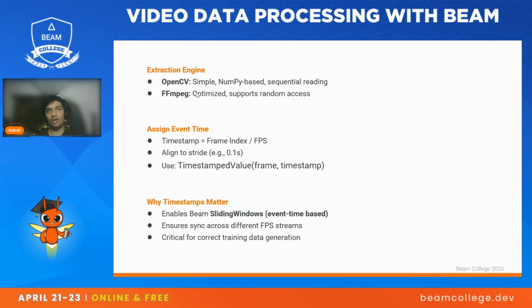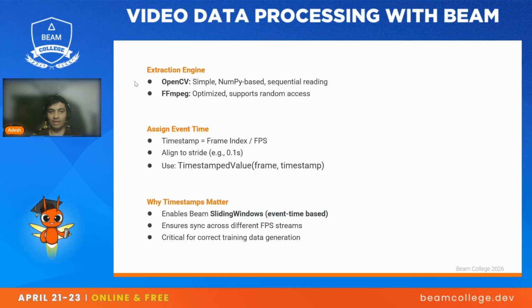You'll ask, why are we attaching a timestamp to each and every frame? At the next stage, when we use sliding windows and bring temporal complexity into the picture, assigning a timestamp to each and every frame is very important. So we attach a timestamp to each frame at this stage.